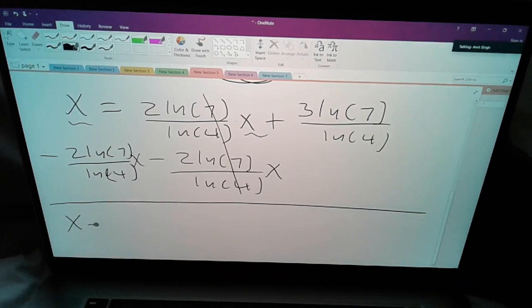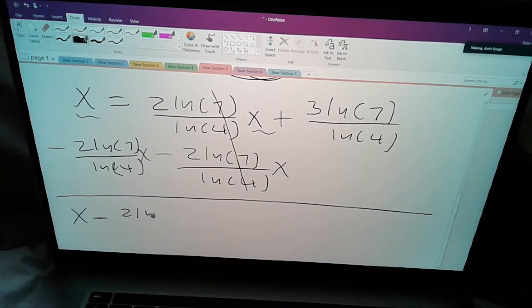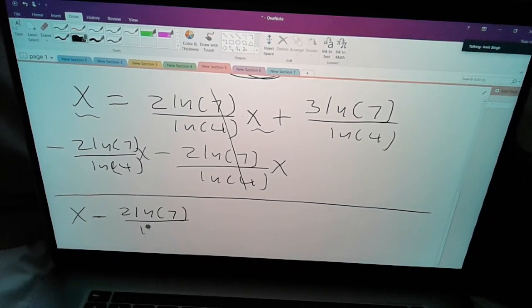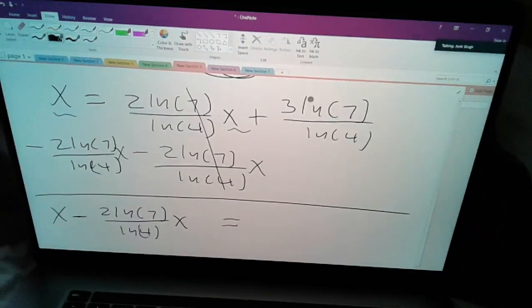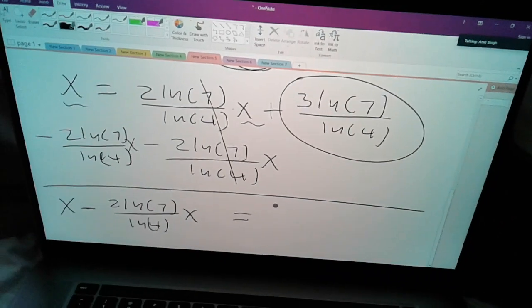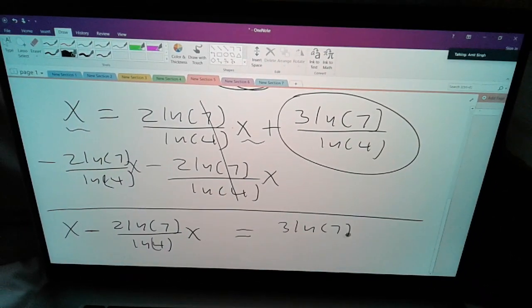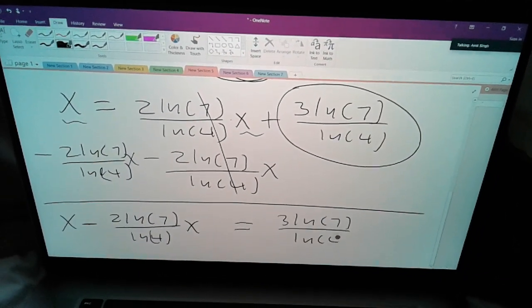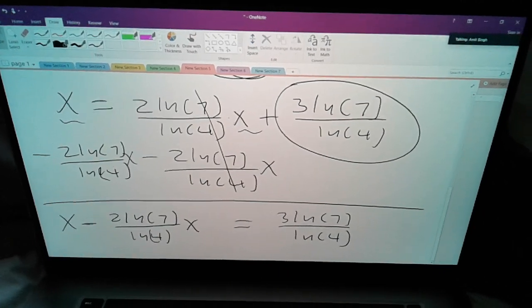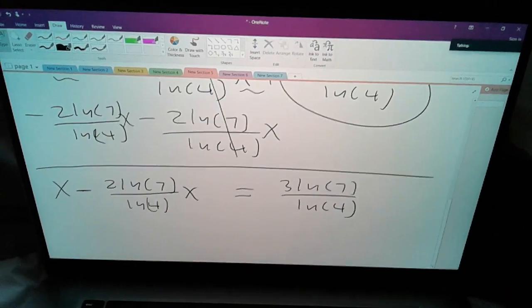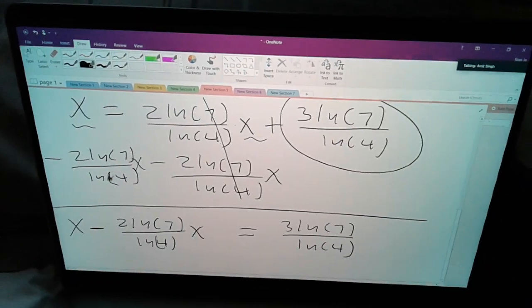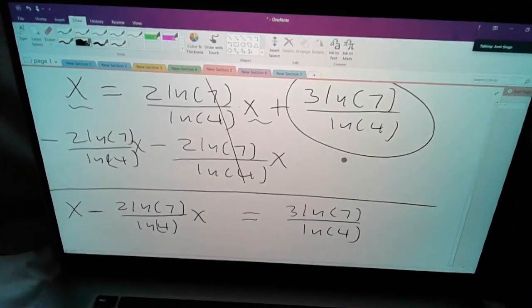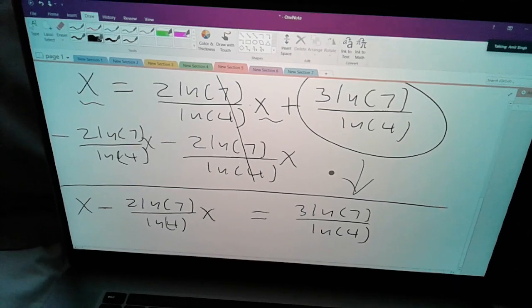It'll give me x minus 2 ln of 7 over ln of 4 x equals this thing over here, 3 ln of 7 over ln of 4 is what we get left.